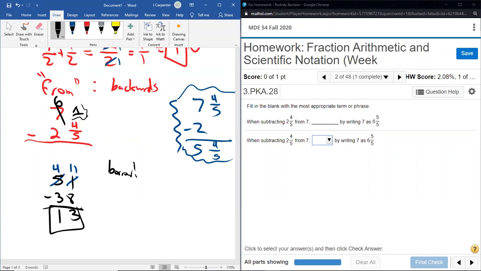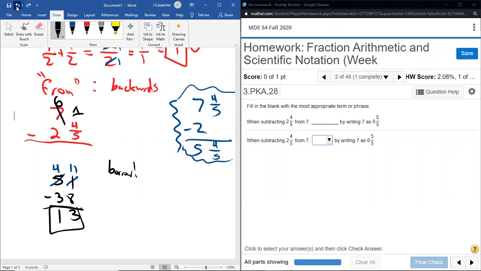But I don't want to write it as a 1, because this isn't helpful. Now I've got written 1 minus 4/5, and you need fractions to be like in order to subtract them. You need to have matching denominators.